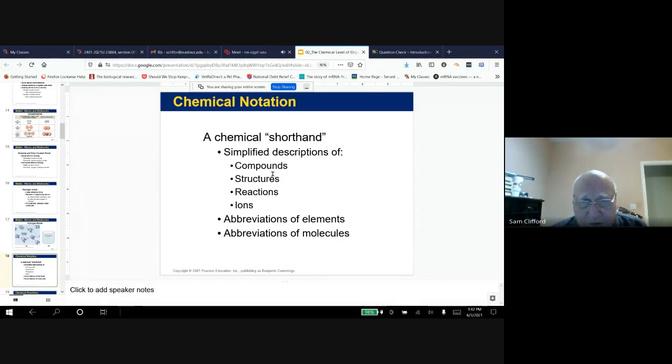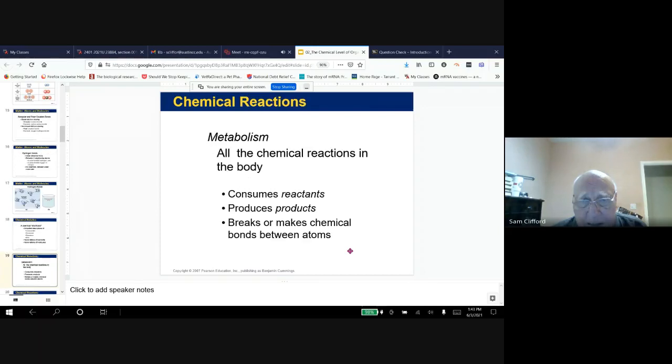Make sure you figure out what all of these terms mean, compounds, elements, and so on. Any type of processing that we do of the chemicals in our body and the chemicals we consume and the chemicals we release is metabolism.